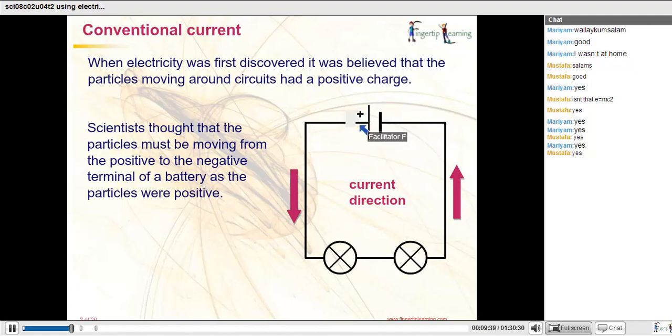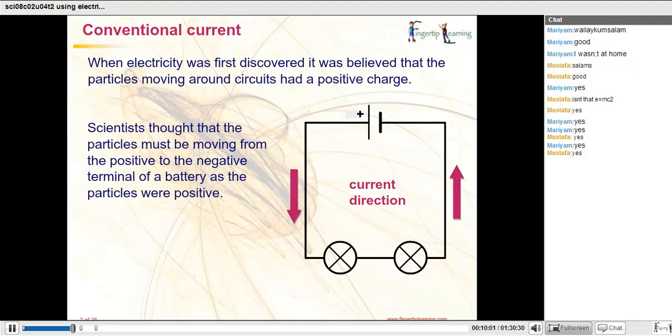They thought the positive particles went from the positive side through the circuit to the bulbs and on to the negative side. That's what they thought in those days. The positive particles move towards the negative side of the battery.